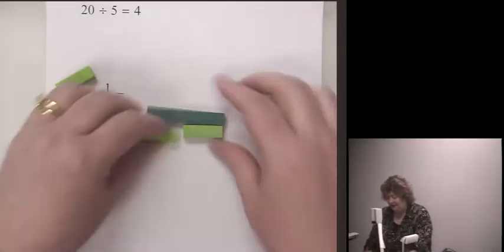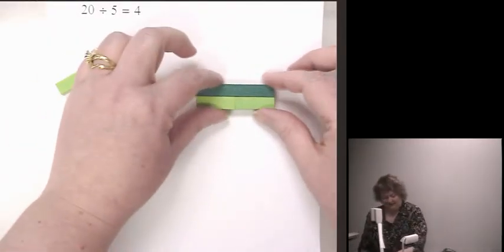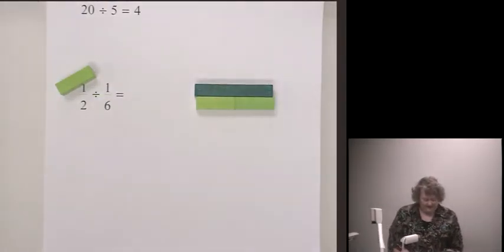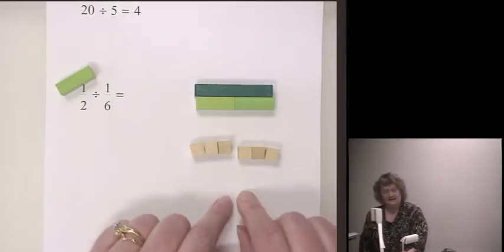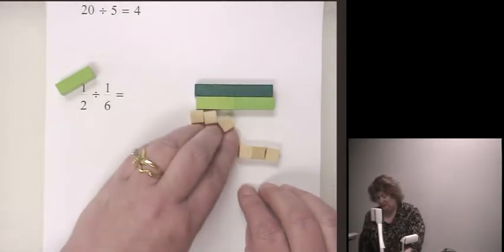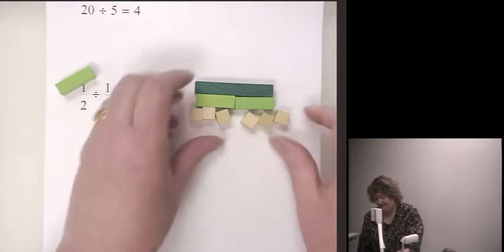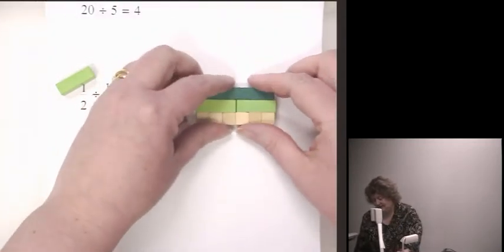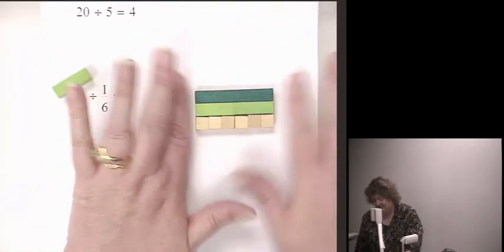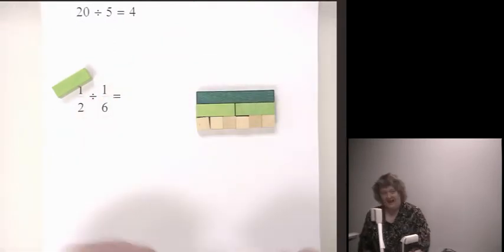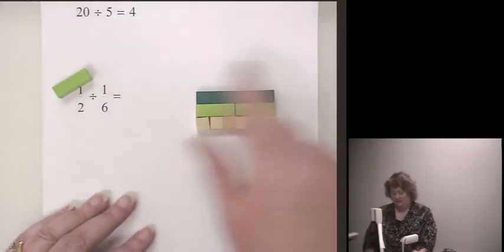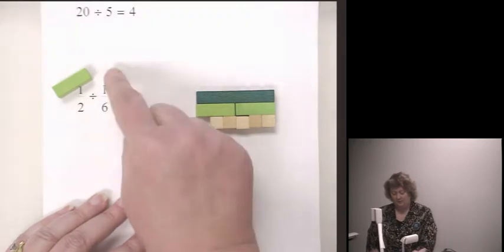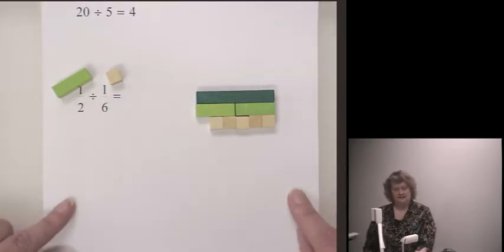And I'm going to get another one here so you can keep track of that. If I bring these in, it's going to take 1, 2, 3, 4, 5, 6 of these little pieces to make the whole. So this right here represents 1/6.